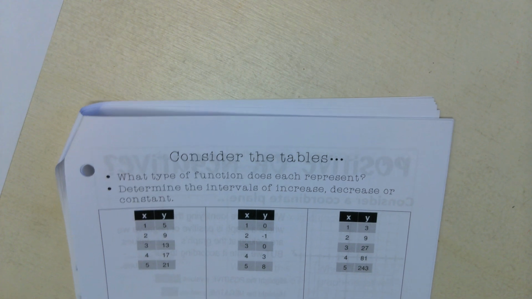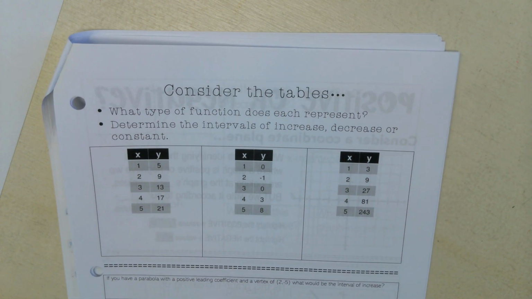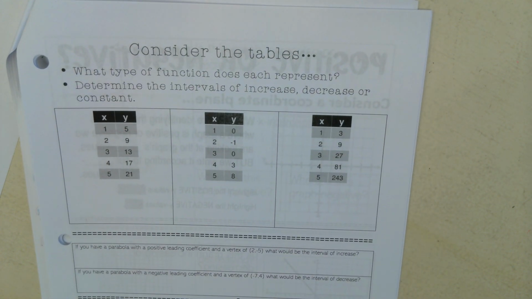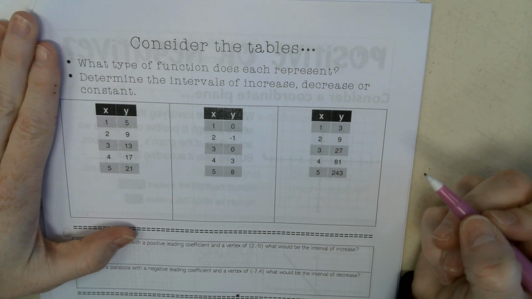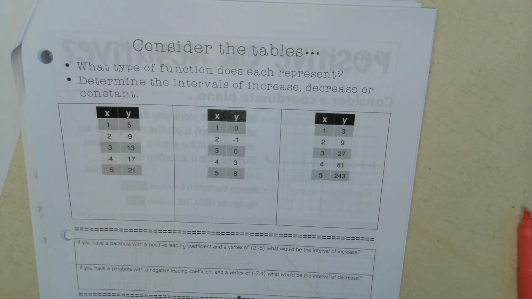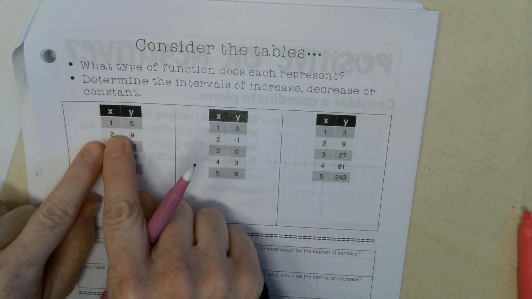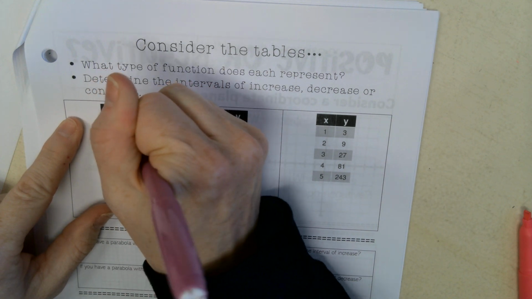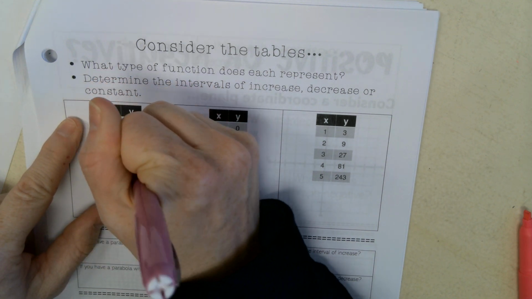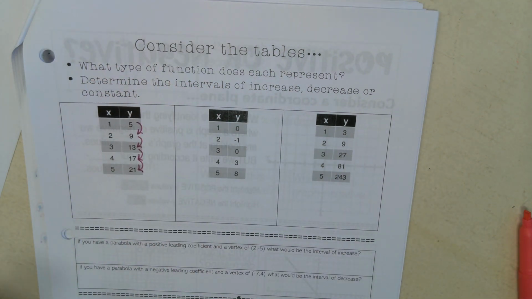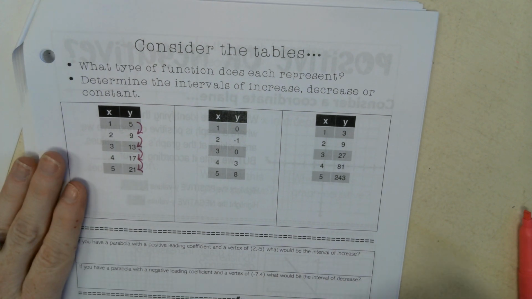Okay. Right here. Okay? It says, consider the tables. What type of function does each represent? And then determine the intervals of increase, decrease, or constant. Okay. Let's take a look at this. As I move forward 1 unit, what am I doing over and over and over again? Do you see a pattern with your y values?